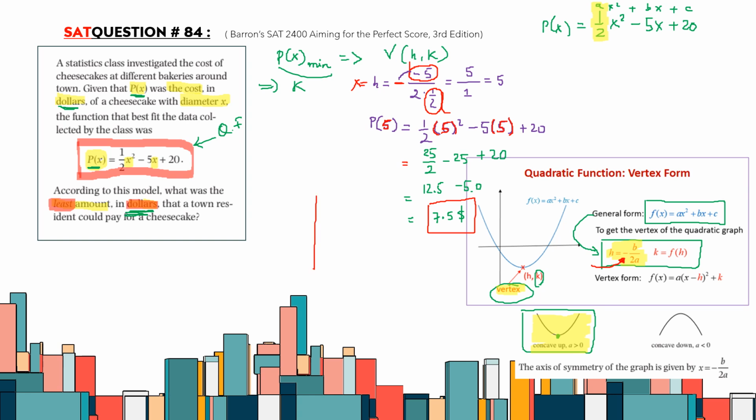Use your calculator and trace. We know it will look like that, and you can trace for the vertex.